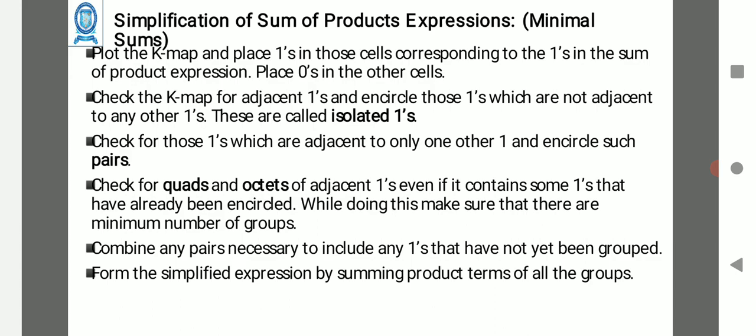First we plot the K map and place the ones in those cells. Next we check the K map for adjacent ones and encircle them, then combine the groups, and finally sum up the products.